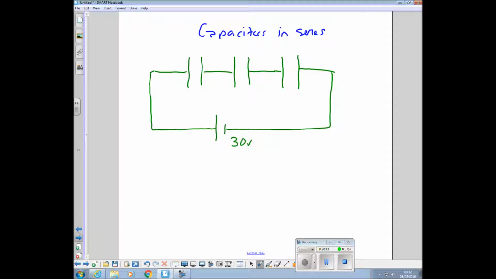For the moment I want you to assume that they're all the same value, C1, C2 and C3, same value. Yeah? My question to you is, after the transient period, how much voltage would you expect to be across each capacitor?